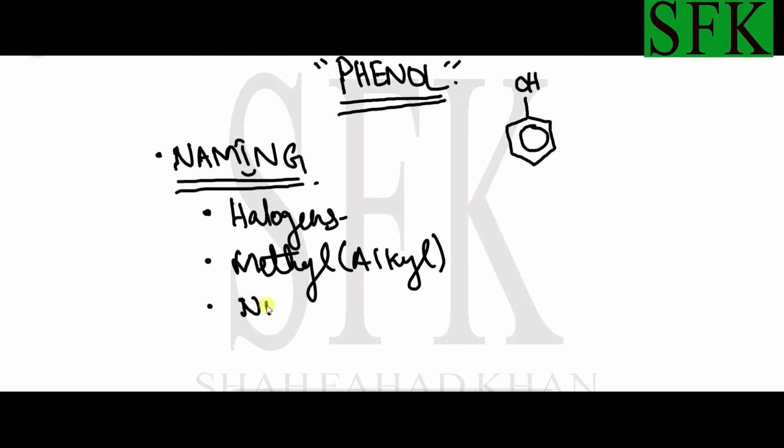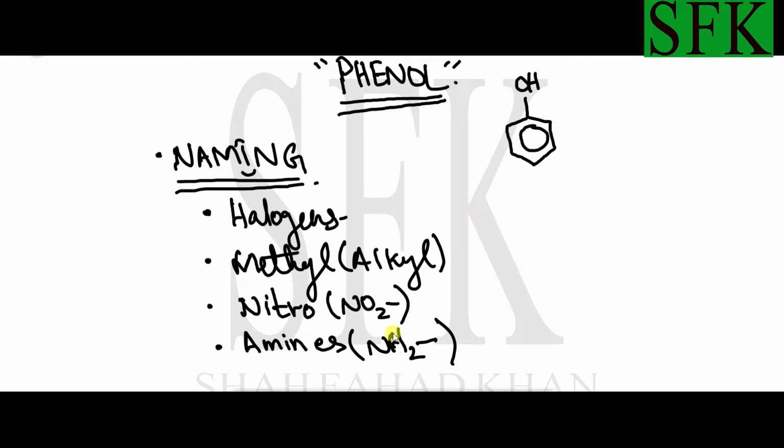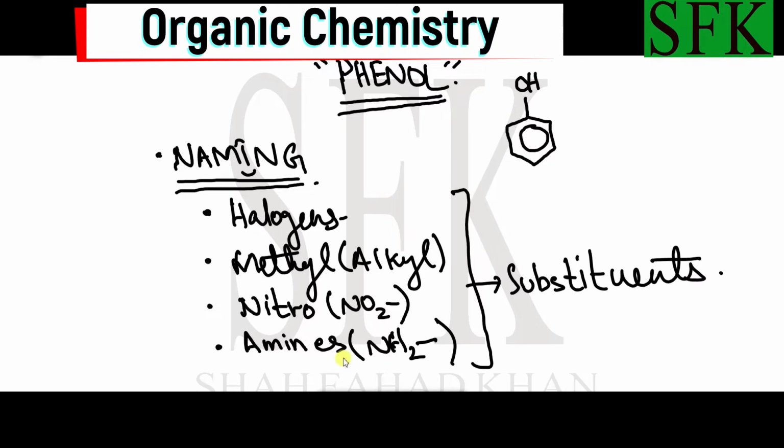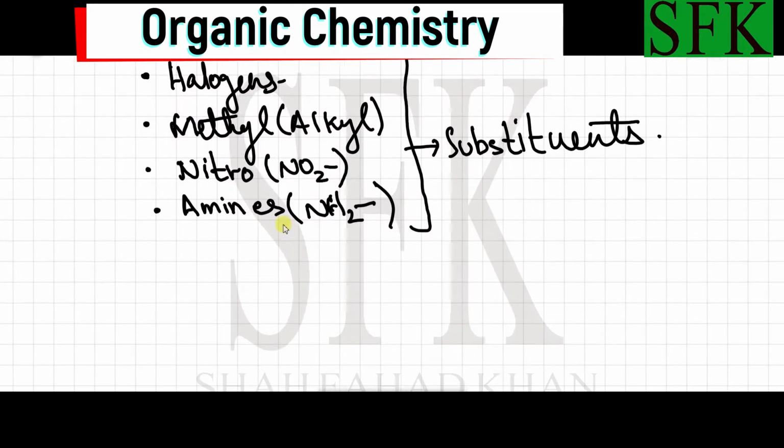We have the nitro groups, nitro basically the NO2 group, or if we have the amine groups, NH2 group attached to the phenol, then we are going to name that compound as a phenol with all of these as the substituents on that ring.